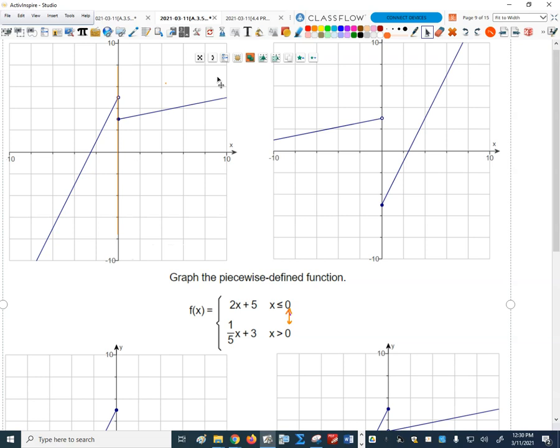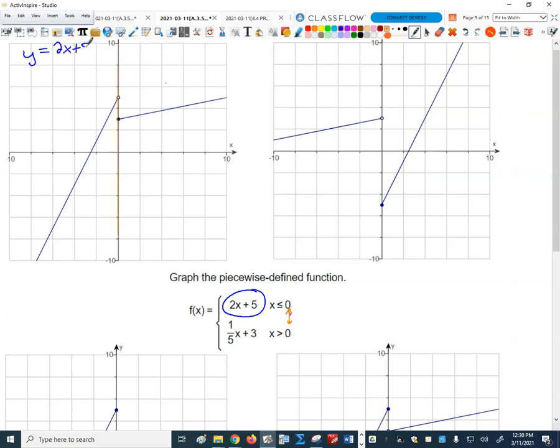So we know that when x is less than or equal to 0, we should be graphing, we'll make this our blue function, the function y equals 2x plus 5. Okay?